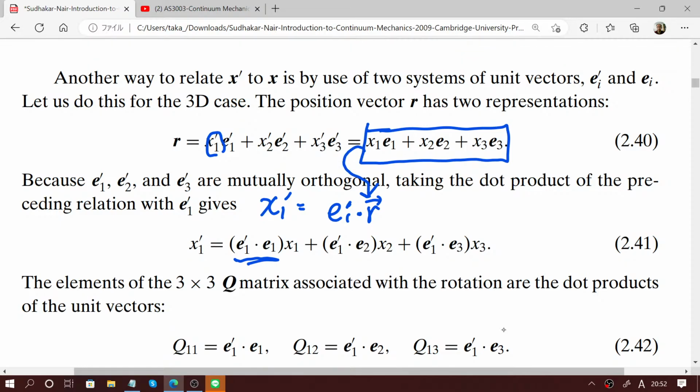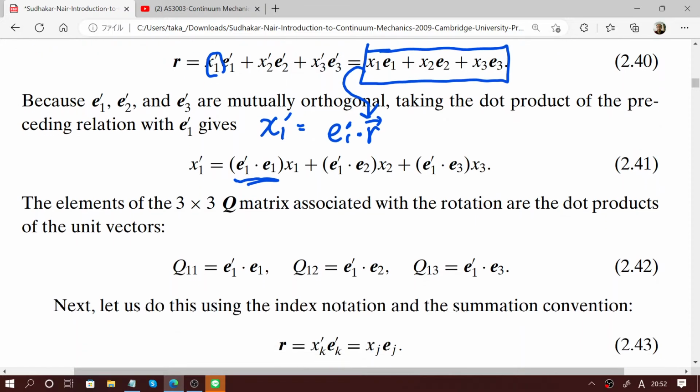So E1 prime dotted with E1 times x1 plus E1 prime dotted with E2 times x2 plus E1 prime dotted with E3 times x3. The elements of the 3 by 3 Q matrix associated with the rotation are the dot products of the unit vectors. See, this is the interesting part.